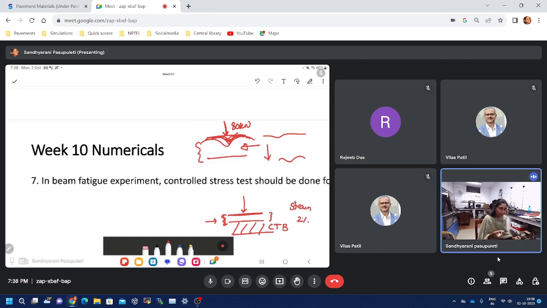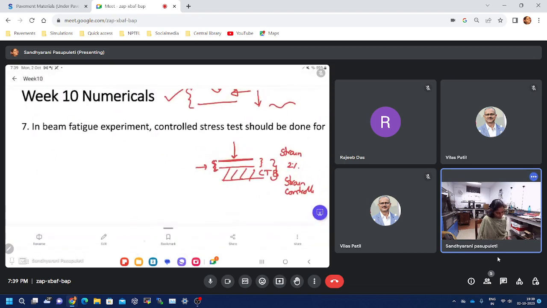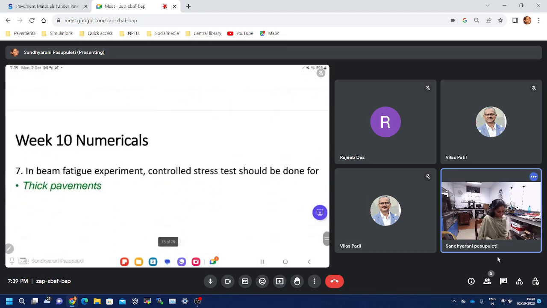To produce the 2% strain, how much strength is available at the bottom? That we can assess. So this type is called strain control. That means strain we are fixing, but we are observing the stresses. But in thicker pavements, stress we fix and we observe the strain. So in the current problem, in the beam fatigue experiment, controlled stress should be done for thicker pavements.